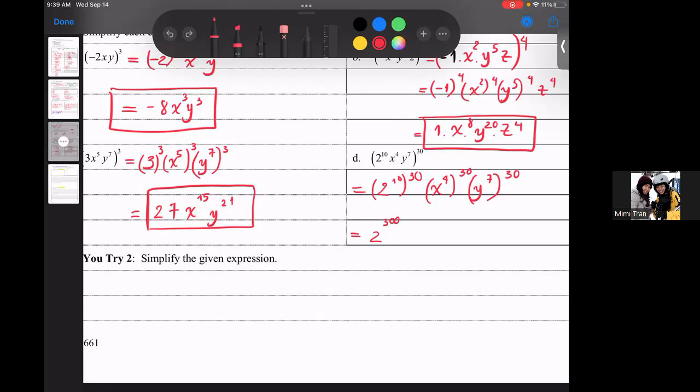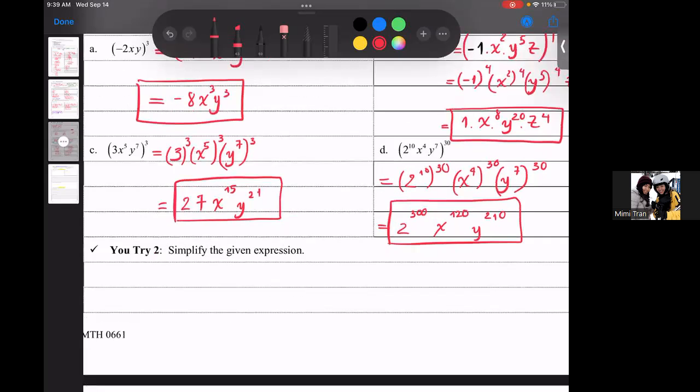X to the 4 times 30 is 120, and y to the 3 times 30 is 210. If the number is small, I would ask you to put it in your calculator and tell me what it is. If it's too big, sometimes your calculator cannot handle that. Let's leave it like that. Skip.